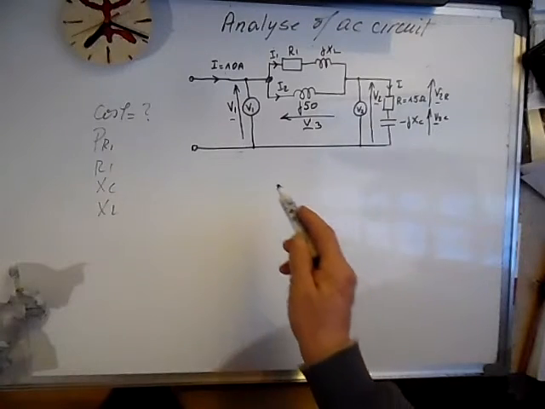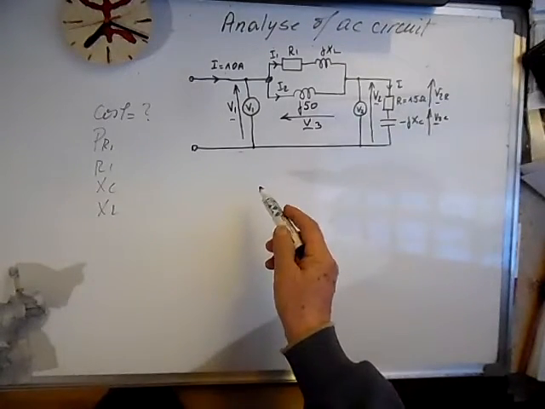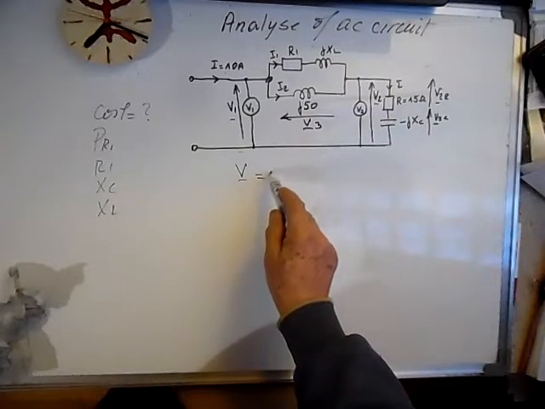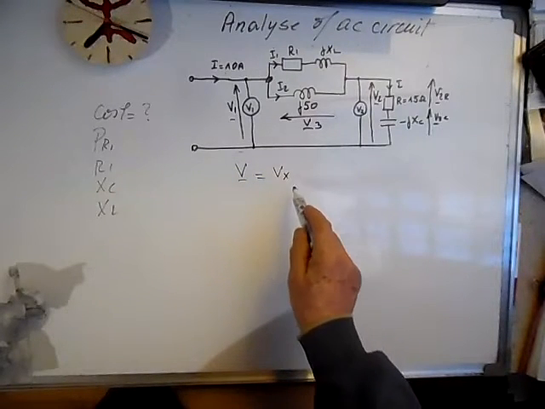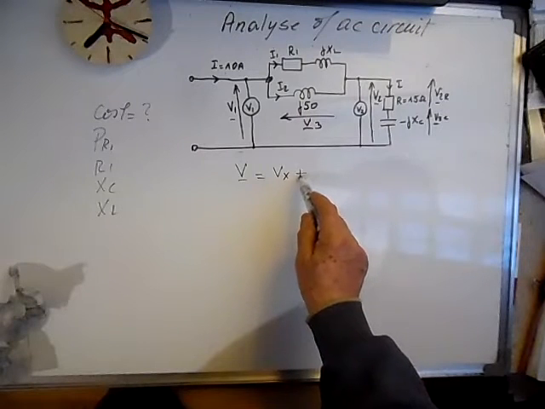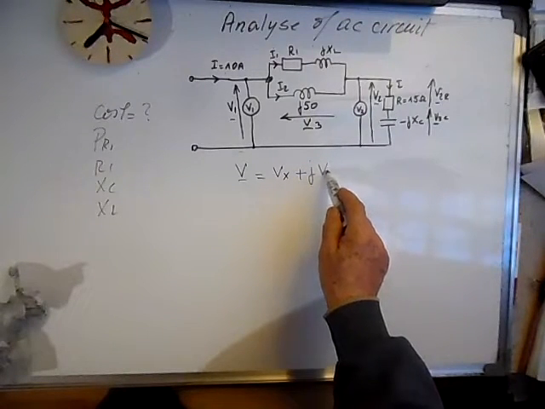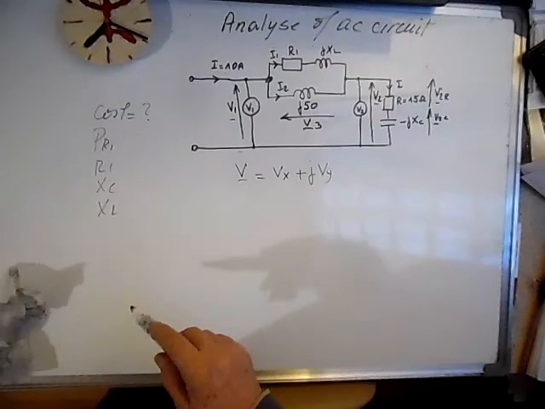There are three methods of writing a complex number. For example, for voltage we can write it as the real value plus j times the imaginary value.